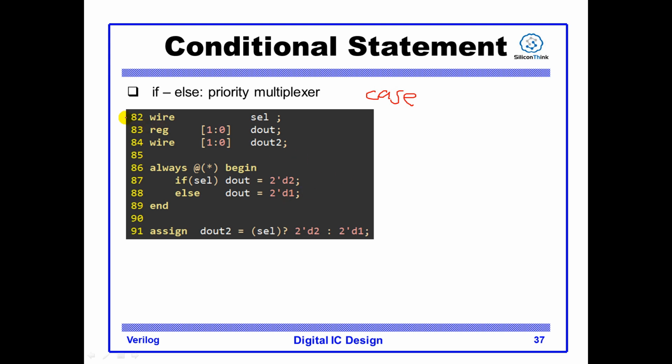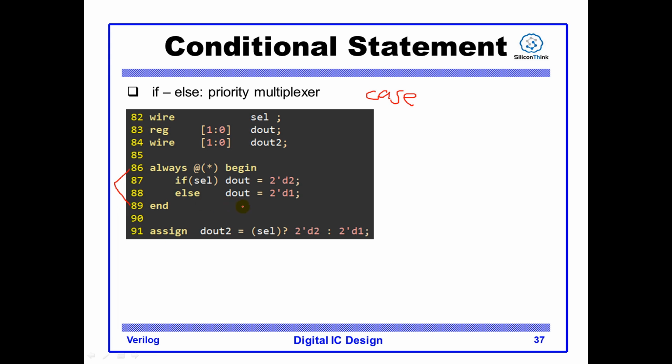Please see the simple code here and take several seconds to read it and try to understand the function of this code. And can you draw the block diagram of this code segment?